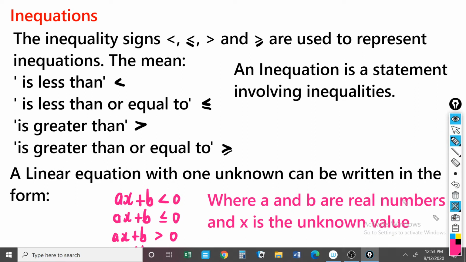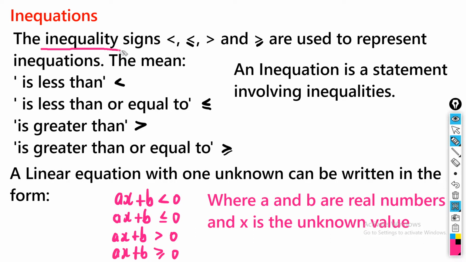Today we're going to be looking at inequalities, and it's a pretty simple topic. It's really easy to understand. We're going to be looking at inequations, which is basically the same thing as inequalities. The inequality signs less than, greater than, less than or equal to, and greater than or equal to are used to represent inequations.